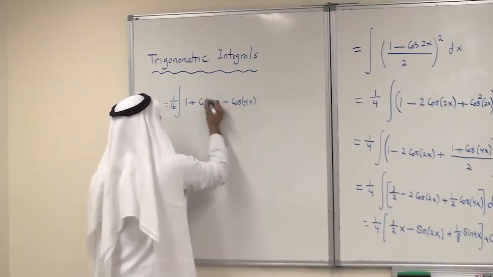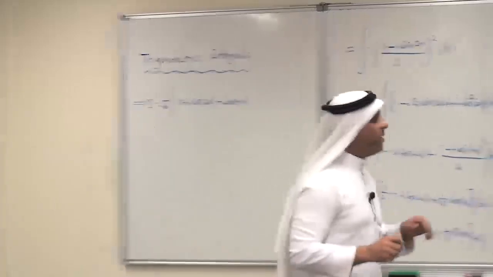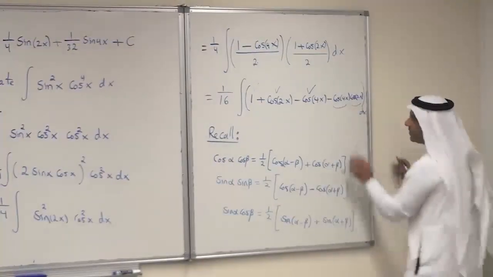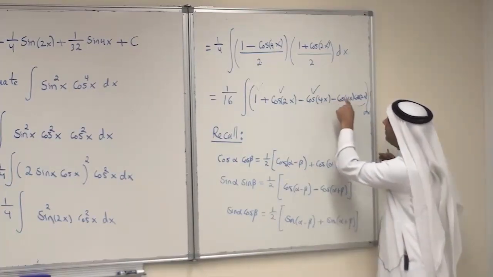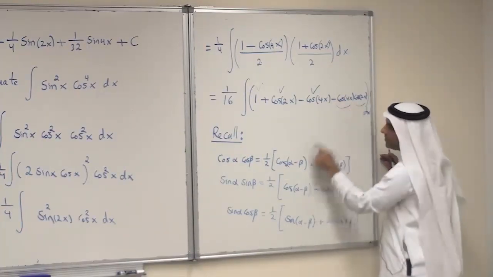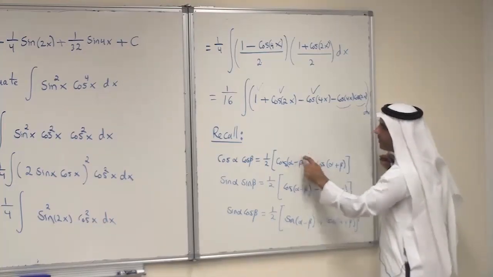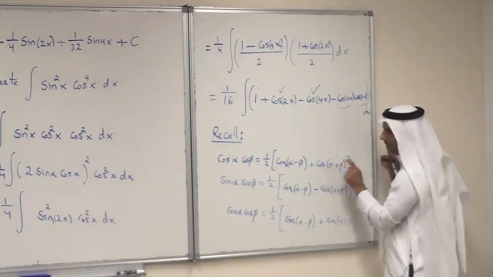I have it like this, okay? Then I will use the identity now. I have minus cosine 4x, cosine 2x. Using this identity, so I need 1/2 times cosine 4x 2x, so that is cosine of 4x minus 2x, that is 2x, plus cosine the sum, 4x plus 2x, that is cosine 6x.